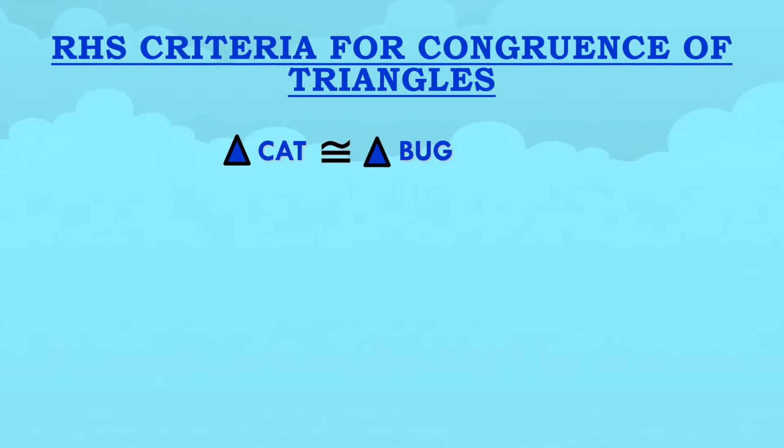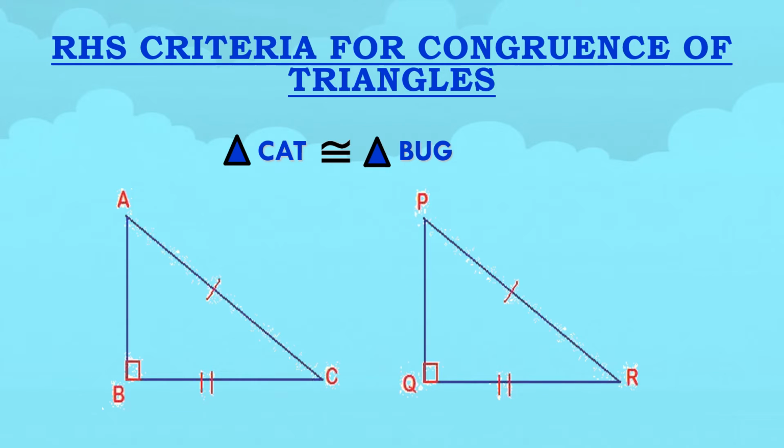Now, RHS criteria for congruence of triangles. There are two triangles, CAT and BUG. We want to prove that triangle CAT is congruent to triangle BUG. Let's see how. First is the RHS rule again.